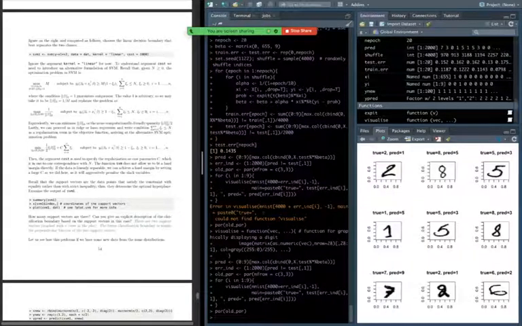So this matches exactly what we have in mind, which is to say that if you have a perfectly separable case, then the support vectors are those that are closest to the other class in some sense.